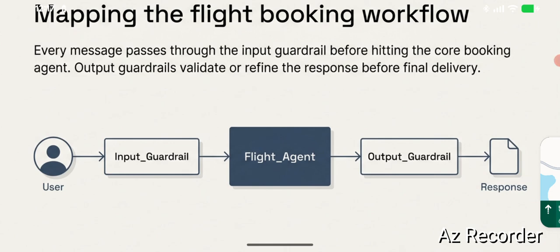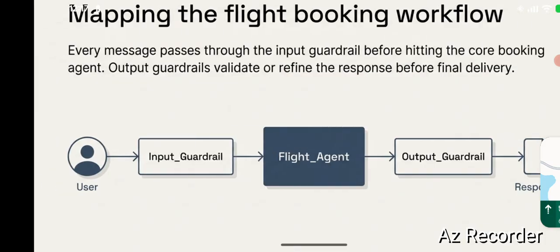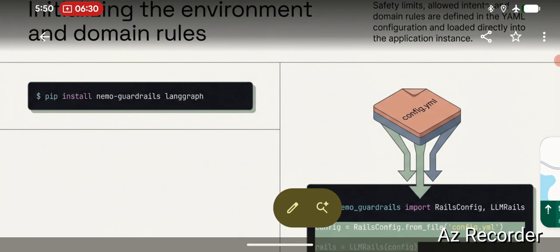So the very same thing is shown here. User sends the query, it goes to the input guardrail, and once filtered, the flight agent finds the answer to the question, and then the output guardrail validates it and sends the response to the user.